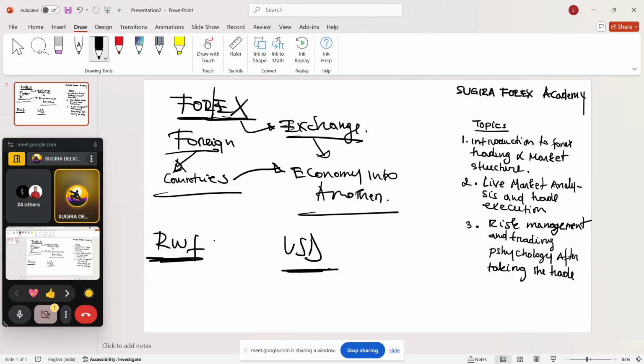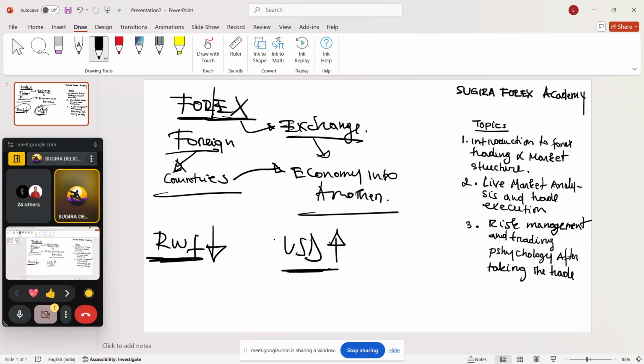So we know that at a certain period of time, Rwandan francs will be rising in value over the US dollar, meaning the US dollar will be decreasing in value while Rwandan francs appreciate and the US dollar depreciates. Or at another time, Rwandan francs will be depreciating while the US dollar appreciates, gaining value over Rwandan francs.